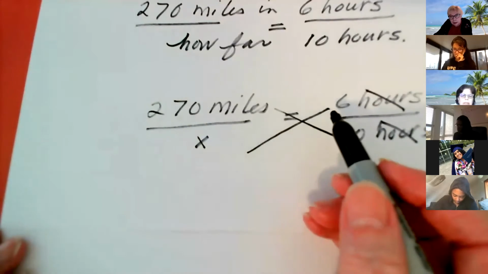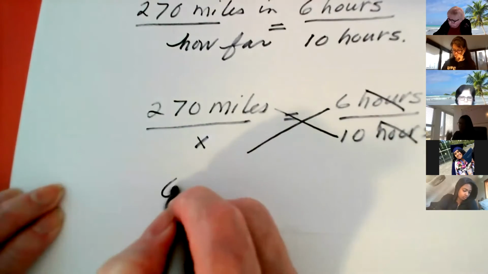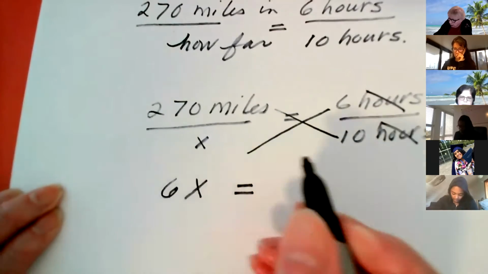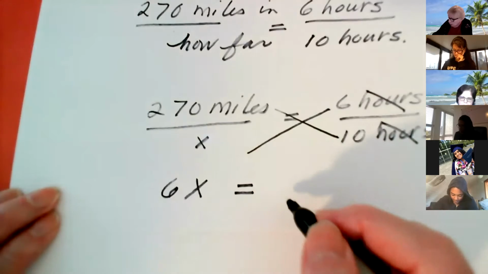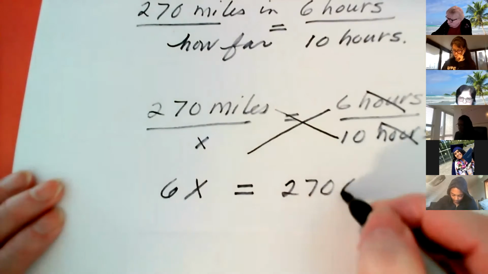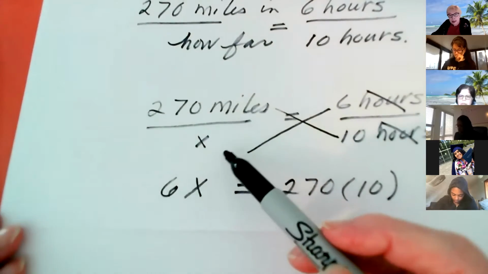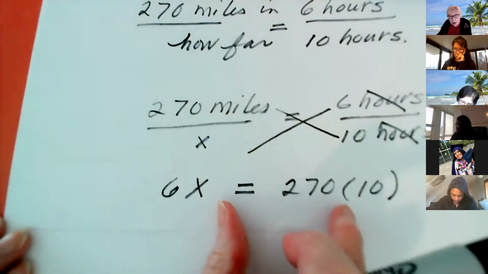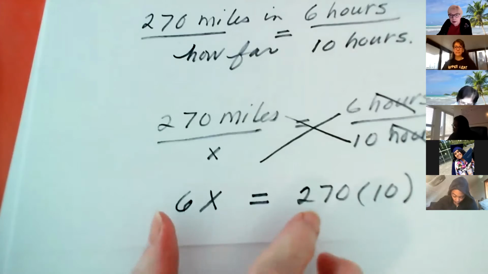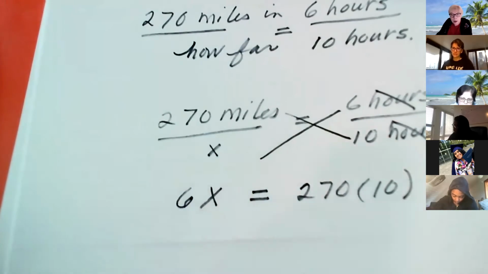This is X times 6, which we would write correctly as 6X equals 270 multiplied by 10. So I did this one first. It doesn't matter because the equation could be either this way or the reverse way.